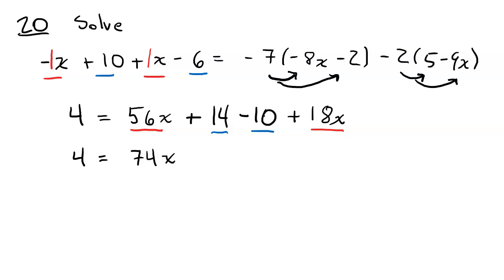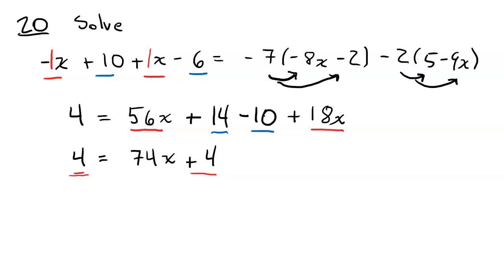And then we have a positive 14 minus 10, which is going to be a positive 4. Okay, now we have an interesting realization, if you will. We have a positive 4 on both sides of our equation now.